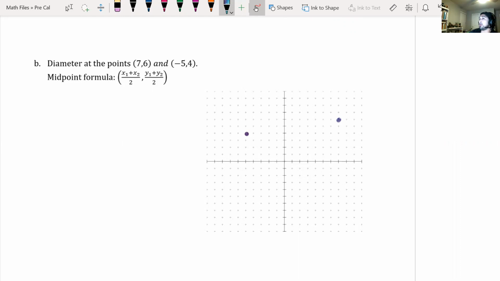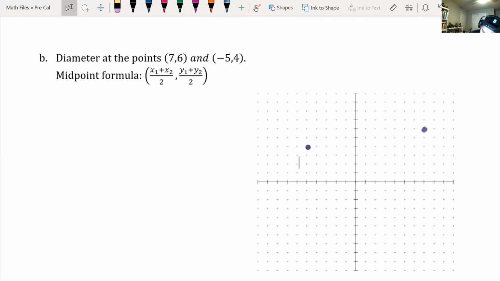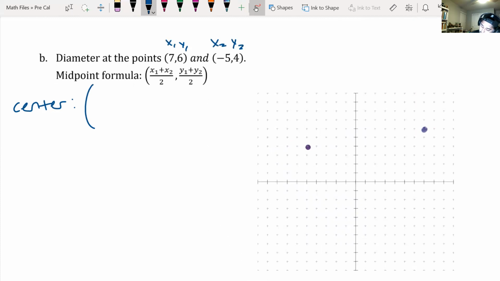Now let's use the midpoint formula to find the center. Everything's given there: x1 plus x2 over 2, y1 plus y2 over 2. Let's zoom in a bit. (7, 6) will be x1, y1, and (-5, 4) will be x2, y2.